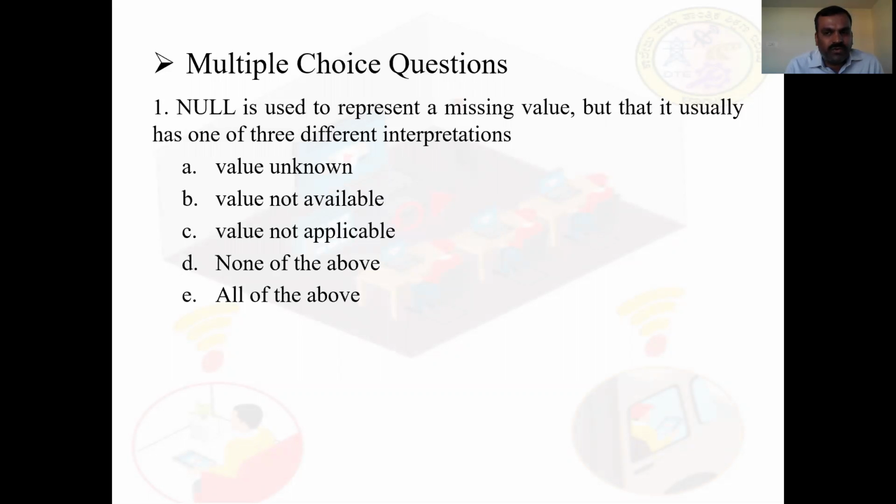We will also discuss nested queries, tuples, sets, and multiset comparisons. Writing one query within another query is called nested queries. In this case, we are using the word in. Tuples means rows or records.